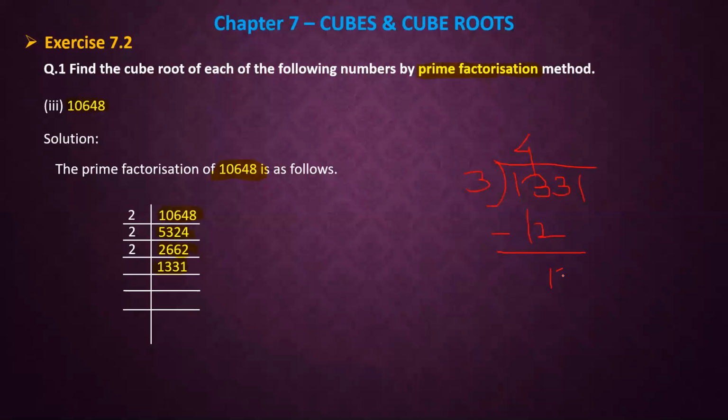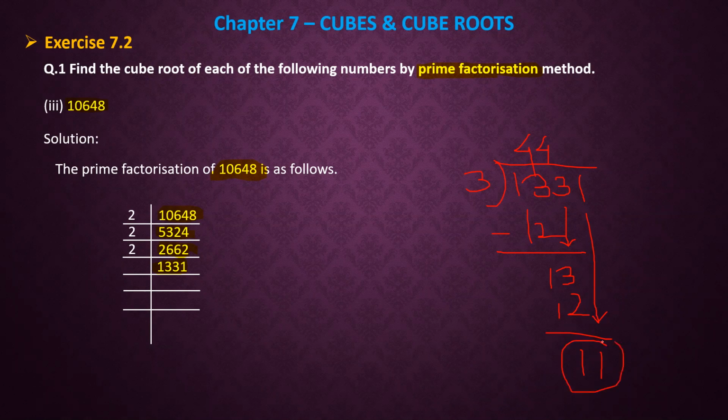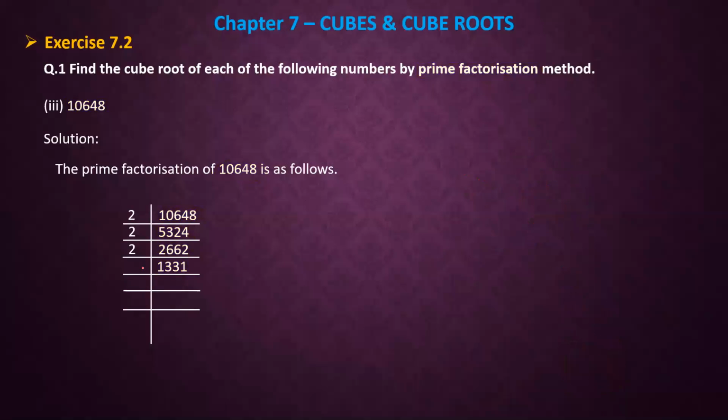Then again 3 is carried down, so again 13 is obtained. Again 3 4s are 12, 13 minus 12 is 1. And if we bring that 1 down, we get 11 as a remainder, and we know that 11 is not present in the table of 3. So that's why 1331 is not divisible by 3.